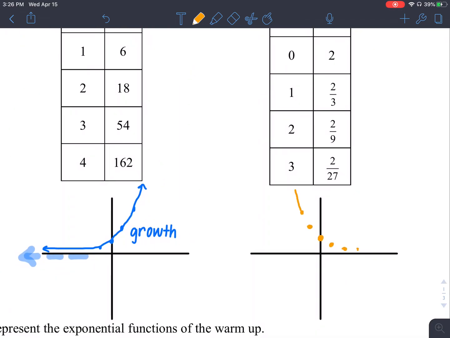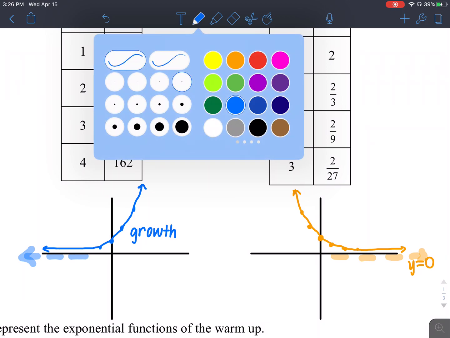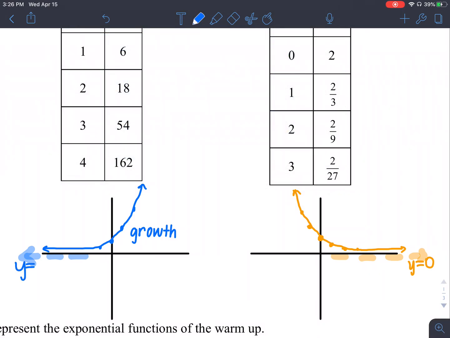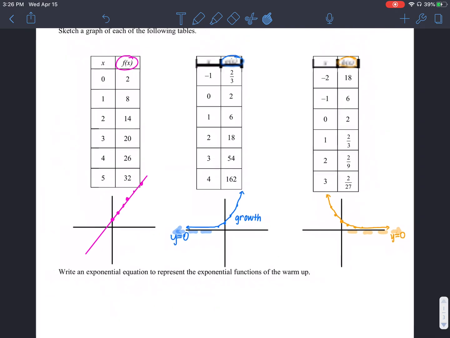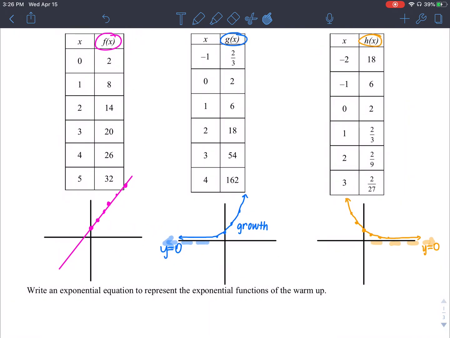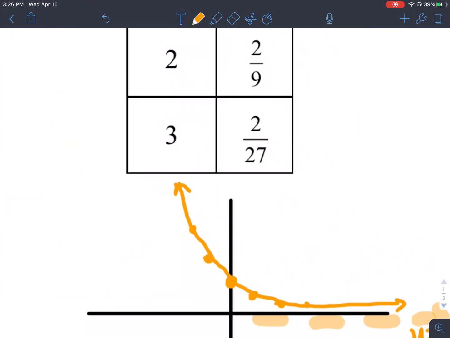If I were to connect that, it appears to have the shape of an exponential decay because the distance from the function to its horizontal asymptote is decreasing. From graphing, we know that horizontal asymptote in our course is just going to be y equals 0. It's not always y equals 0. Once you get to Algebra 2, you'll learn about vertical shifts, and those still happen with every function we have. We are just exposing you to exponentials, so we don't get into the nitty gritty. So just making a little note that that is a decay.